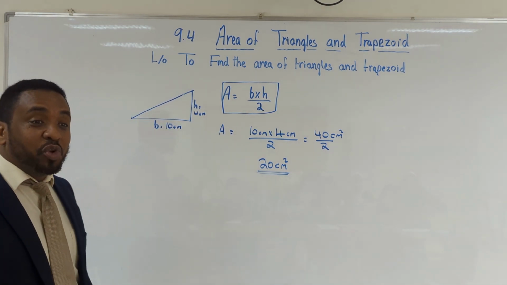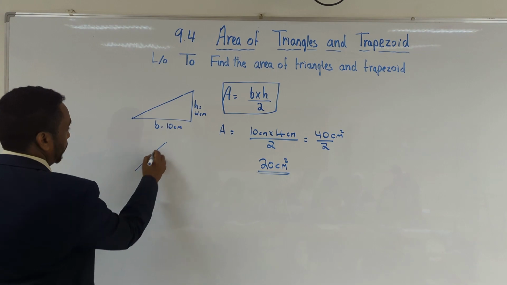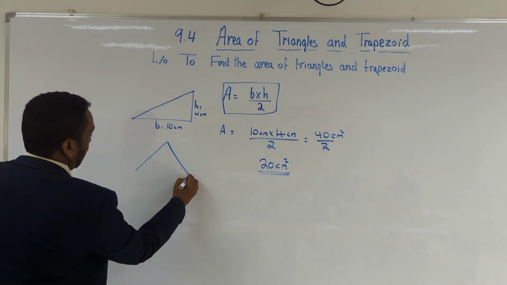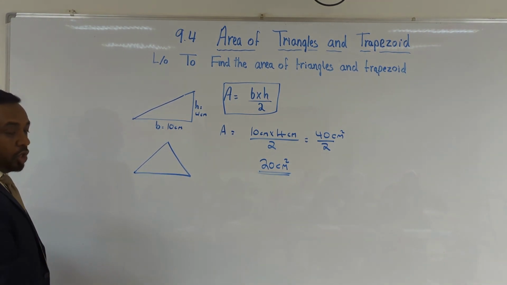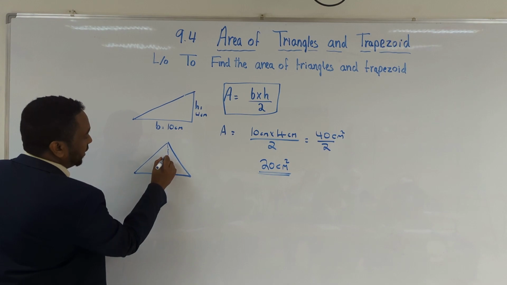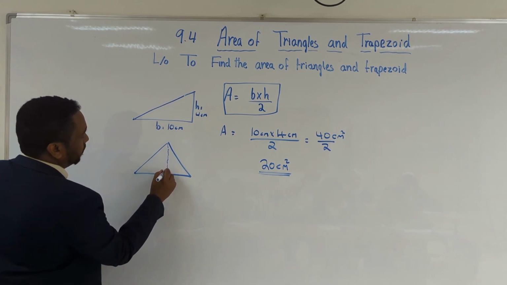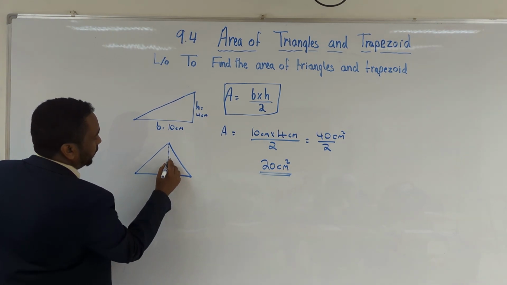This is what I want you to do now. If I have a triangle, remember the height has to always be a straight line. This one is not, you cannot use that. So now I will give you the height of this triangle, and this will be 7 meters.